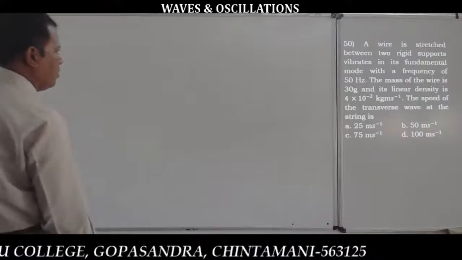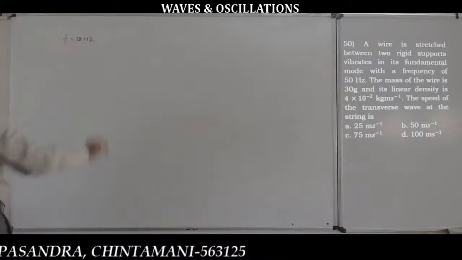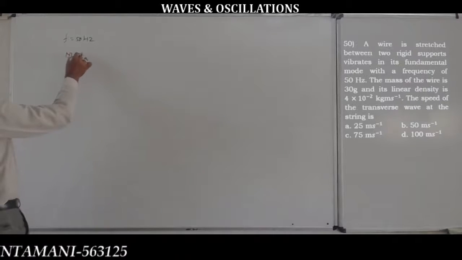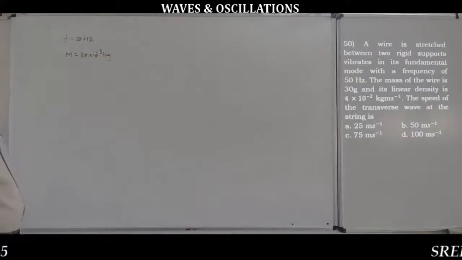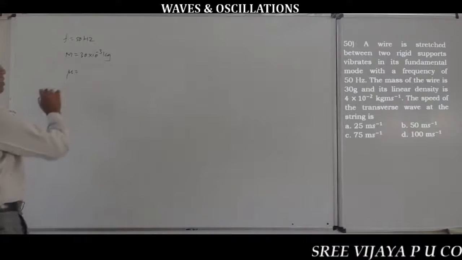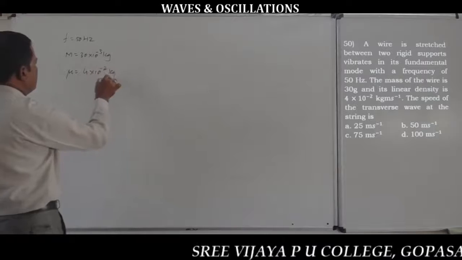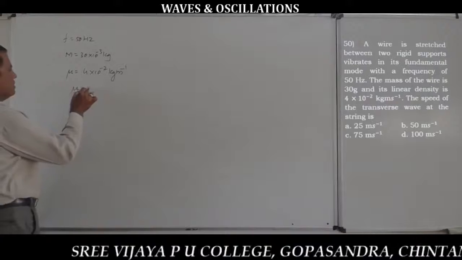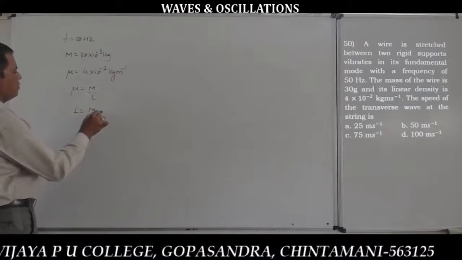In its fundamental mode, the fundamental frequency is given as 50 Hz. Mass of the wire is 30 grams, 30 into 10 power minus 3 kg, and its linear density is mu, 4 into 10 power minus 2 kg per meter. Generally mu is taken as mass per length. So length is m by mu.